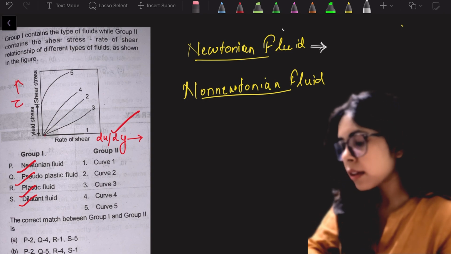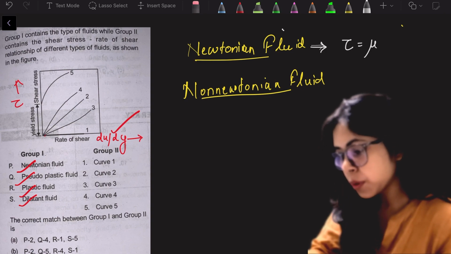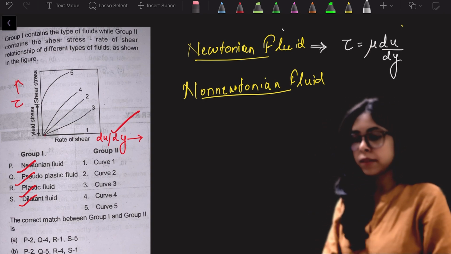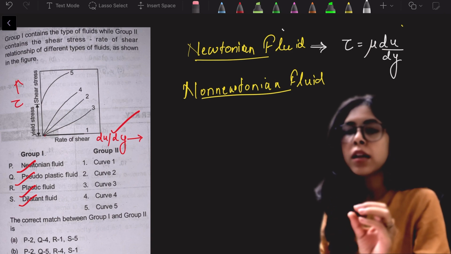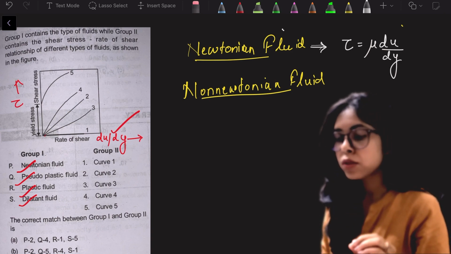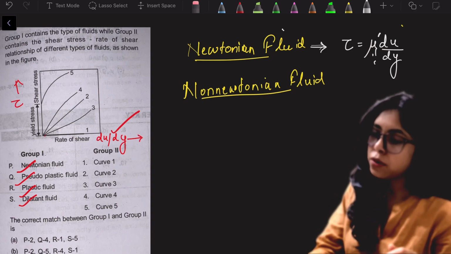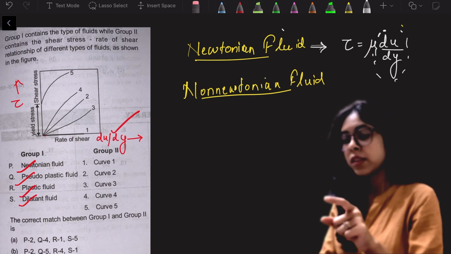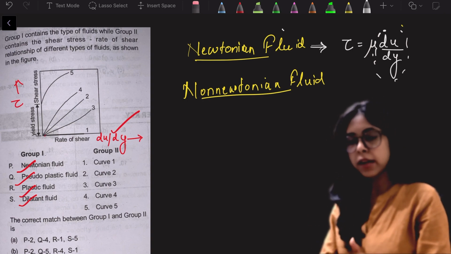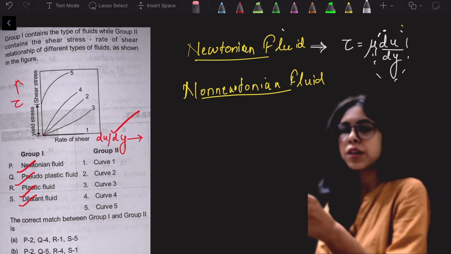That is given by a relationship: tau is equal to mu du over dy. That means shear stress is directly proportional to the velocity gradient. So what is the velocity gradient? This particular du over dy. Du over dy means change in velocity with the change in distance.